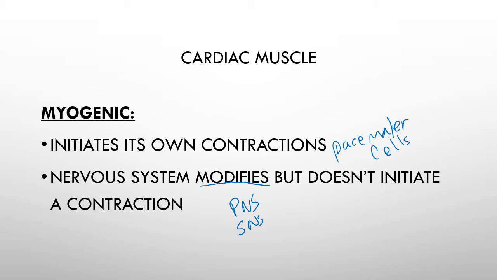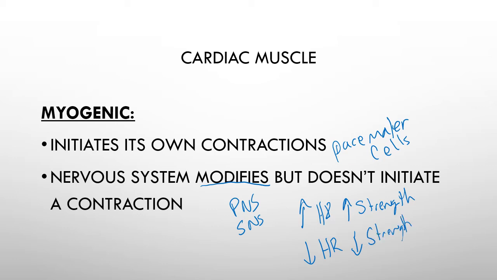It's going to either increase heart rate and increase the strength of the contraction, or it's going to decrease them. Decrease our heart rate, decrease the strength of the contraction itself. And so we have the opposing of our sympathetics and our parasympathetics. But the ultimate starter for this process is cardiac muscle.